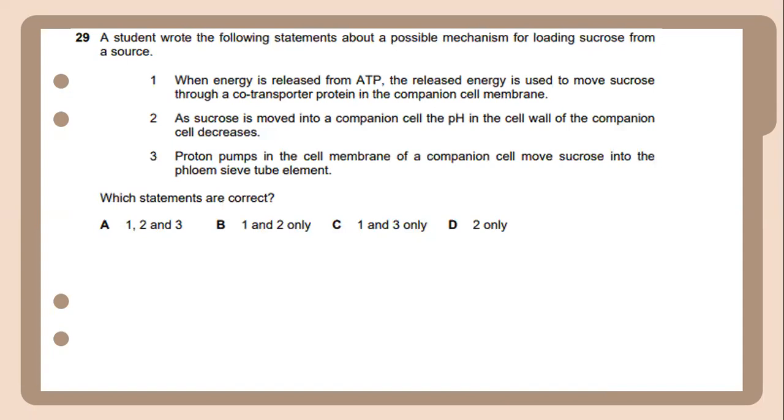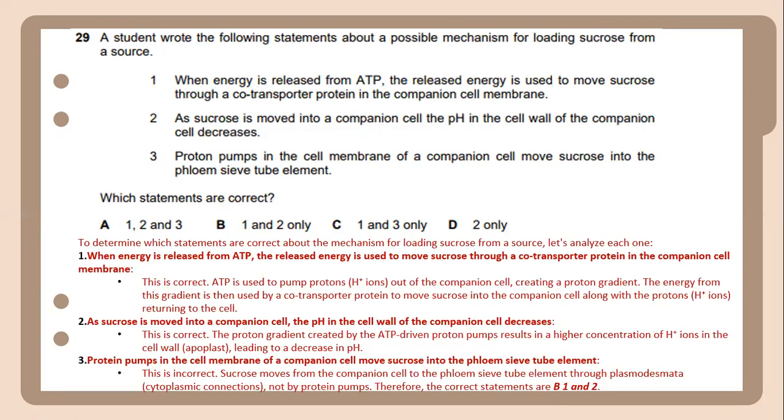29. A student wrote the following statements about a possible mechanism for loading sucrose from a source, and which statements are correct? To determine this, let's analyze them one by one. When energy is released from ATP, the released energy is used to load sucrose through a transporter protein in the companion cell membrane.